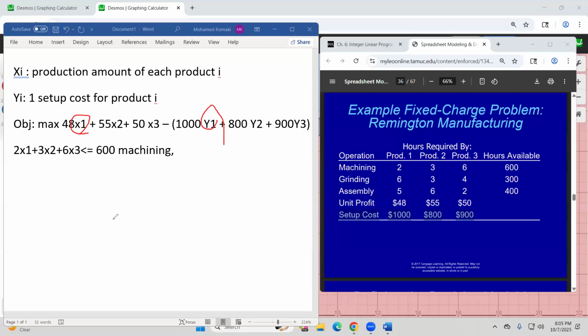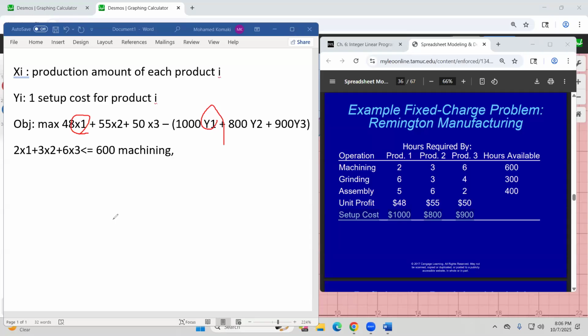So how can I represent that? Can you come up with the idea? The goal is to find the relationship between x1 and y1 in such a way that if y1 is 0, x1 should be 0. Otherwise, x1 could be positive.